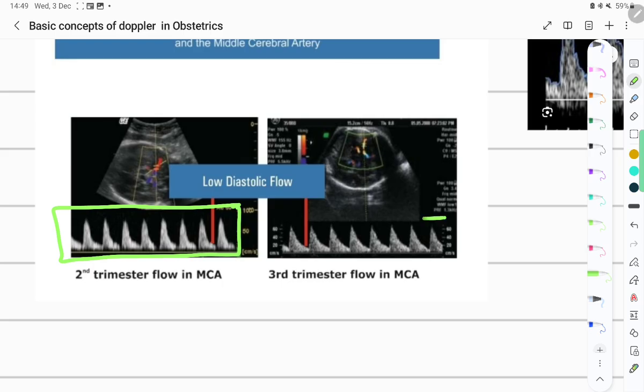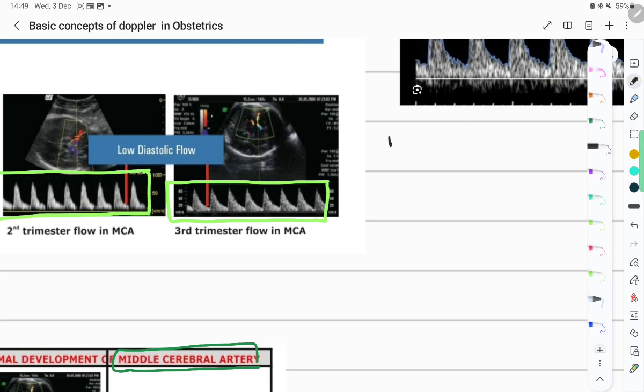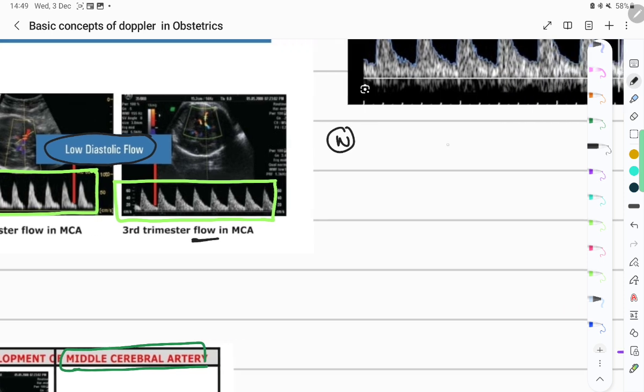The concept behind the middle cerebral artery in uteroplacental insufficiency or fetal hypoxia: normally during pregnancy there will be low diastolic flow to the middle cerebral artery. Normally the brain gets its usual blood flow.